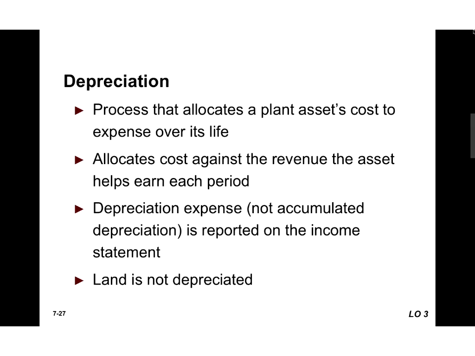So depreciation is the process that allocates our plant asset cost to expense over its life. If we're Black Squirrel Rentals and we buy that house, and $232,000, I forget how much, is allocated to the building, we can look at it and say it's going to last 30 years.